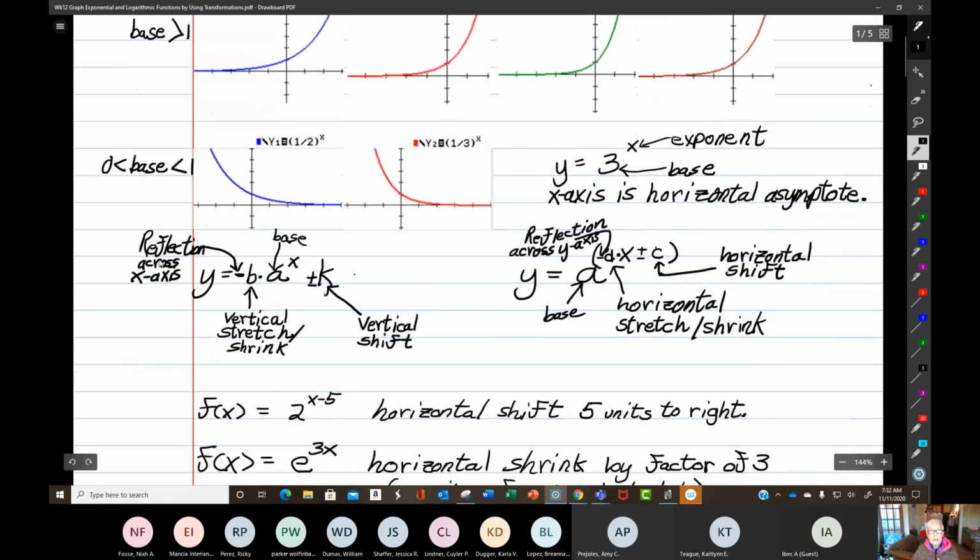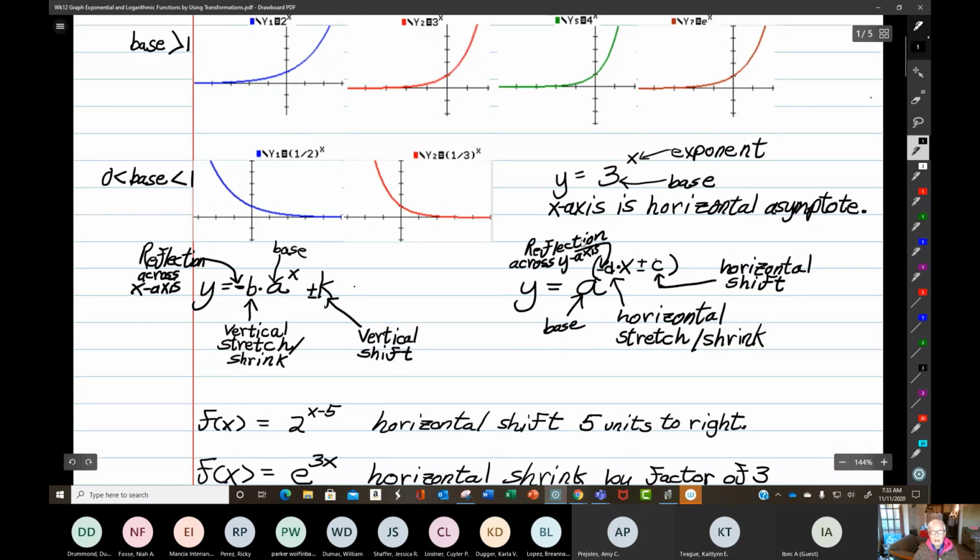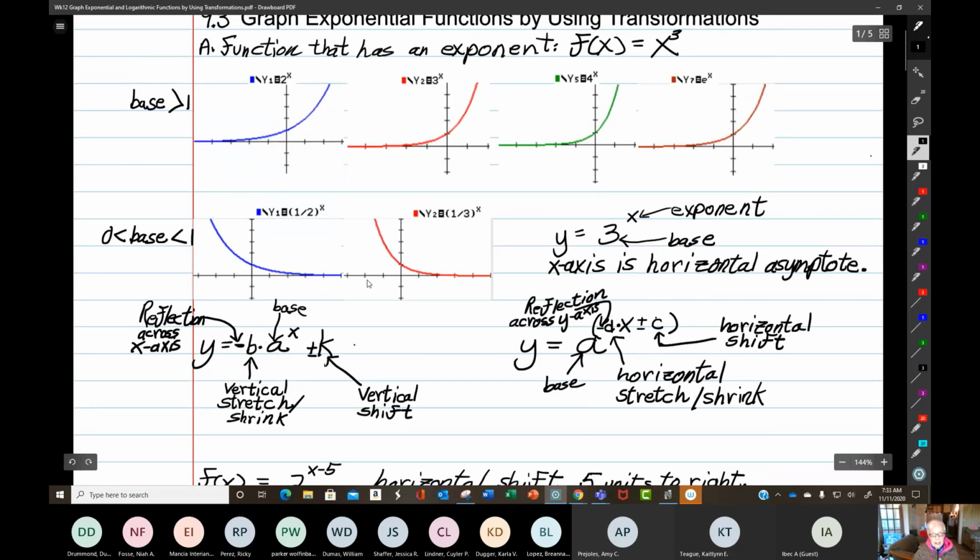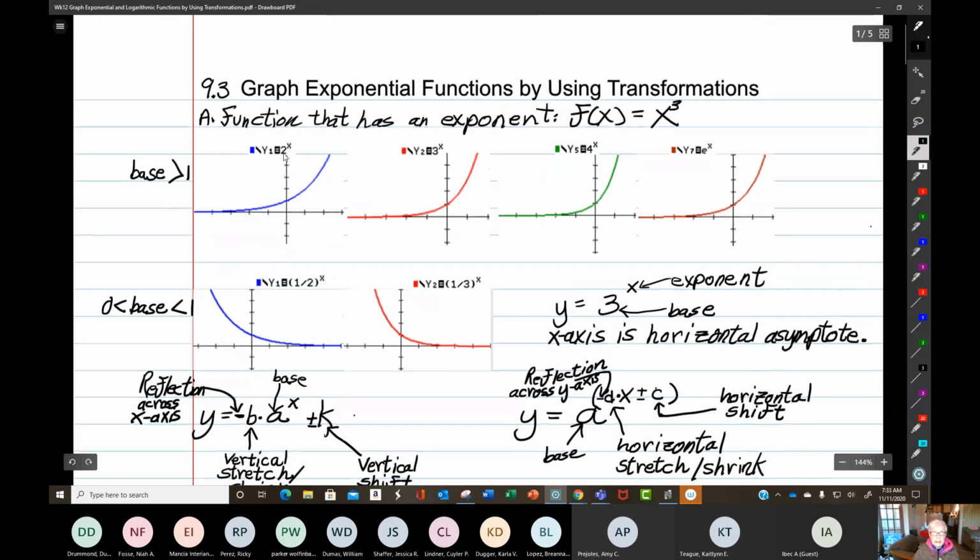Now, if your base is a fraction, like 1/2 or 1/3, it decreases from left to right. It's a constantly decreasing function. So when the base is a fraction between 0 and 1, you have a graph that looks like this. But when the base is a number greater than 1, you get a graph that looks like this.